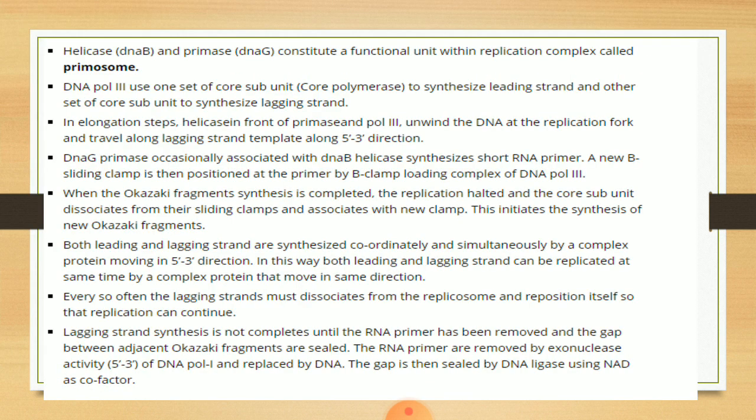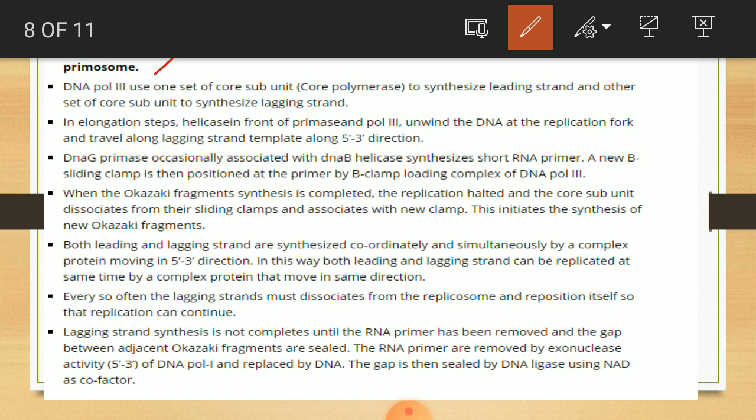It consists of the DNA helicase DnaB and DnaG, the primase, and this unit is known as the primosome. DNA polymerase III enzyme consists of two parts. There are two core subunits which cause the elongation of both leading and lagging strands simultaneously.